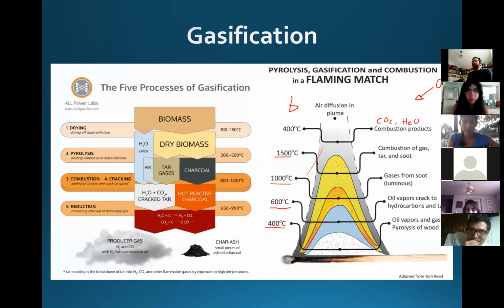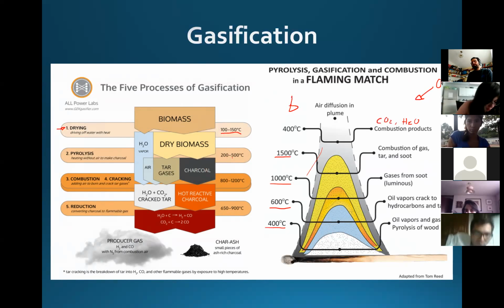But if we want to obtain hydrogen and carbon monoxide, we have to do things a little bit differently. So what we do at the beginning is dry the biomass, right? For that, we need temperatures around 100 to 150 Celsius. And that dry biomass, in absence of oxygen, is going to start the pyrolysis, right?